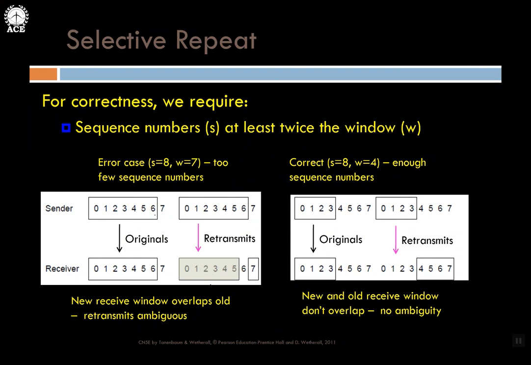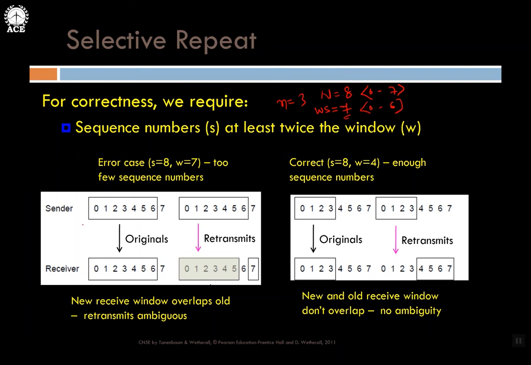But as we said in go back N, we have to take minus 1. With a 3-bit sequence number, the maximum number of sequence numbers I can have is 8, 0 to 7. But the window size of the sender cannot be 8, so we take 7.